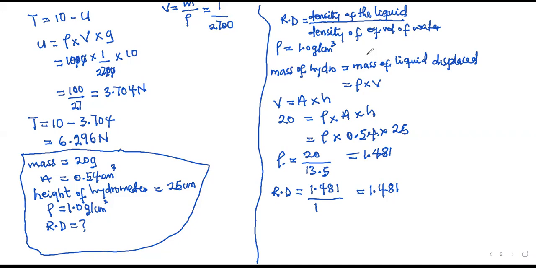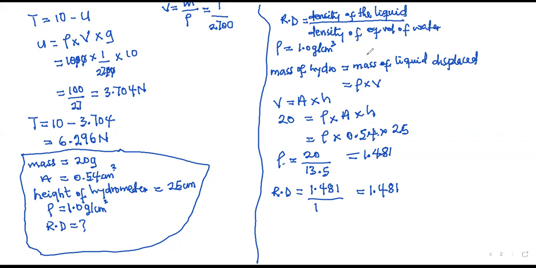What is the reading of the spring balance in Newton: A, with the metal in air; B, with the metal in water; C, with the metal in brine; D, what is the density of a liquid in which it gives a reading of 33 Newton?